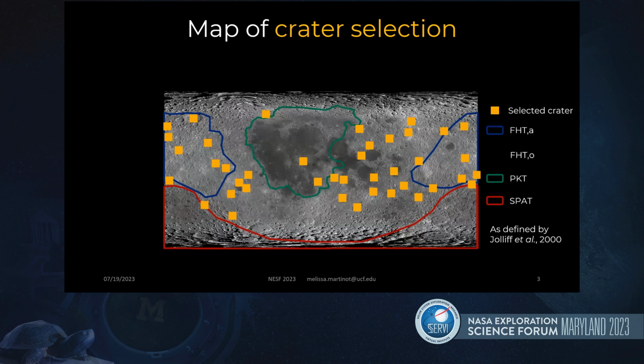And everything between the green and blue outline is the outer part of the feldspathic highland terrain. The craters are across the lunar surface, located on all terrains, and we selected them based on the occurrence of previously detected pure crystalline plagioclase.